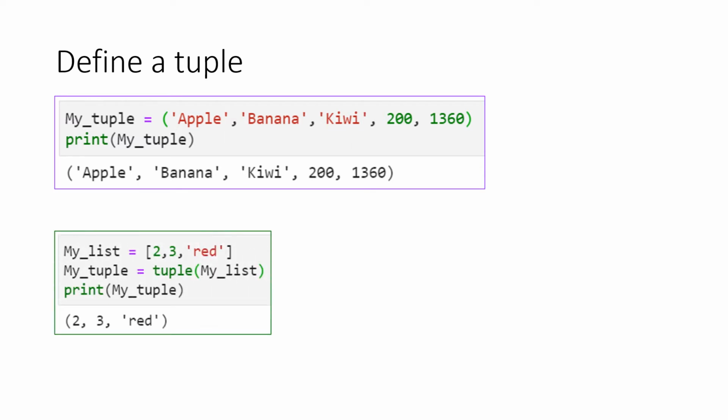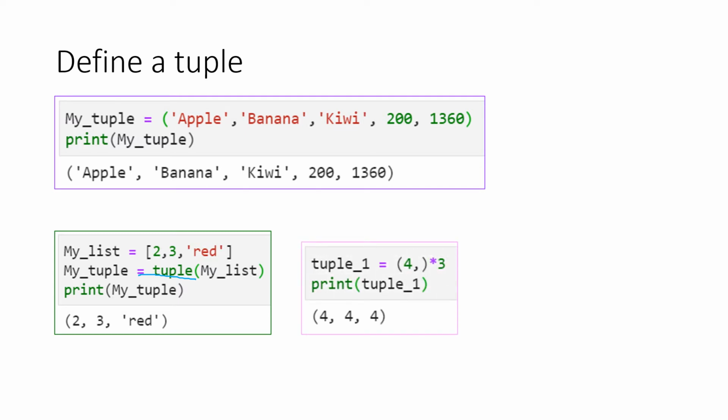The second method is to convert a list into a tuple using the tuple function. And if a tuple contains similar values, then you can use this method with multiplication to define a tuple.